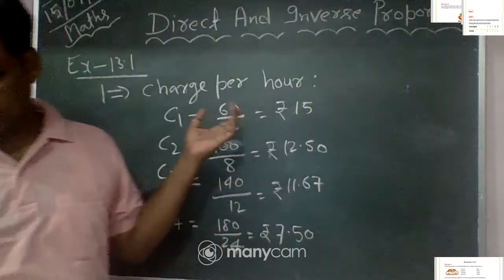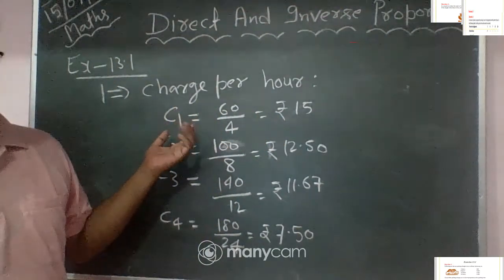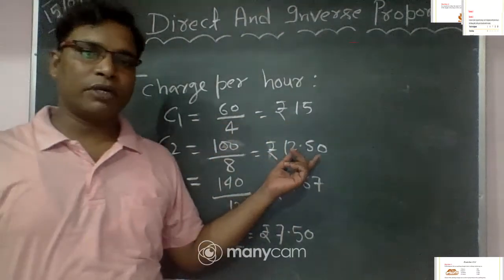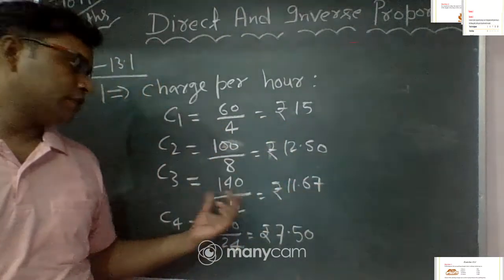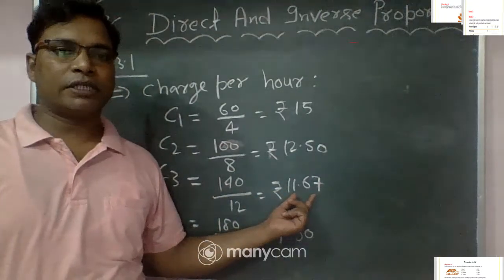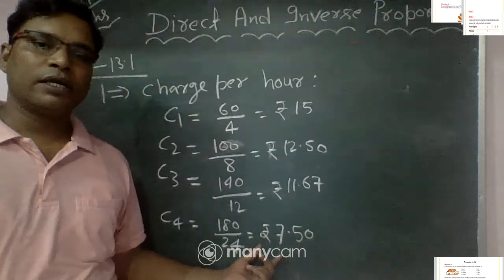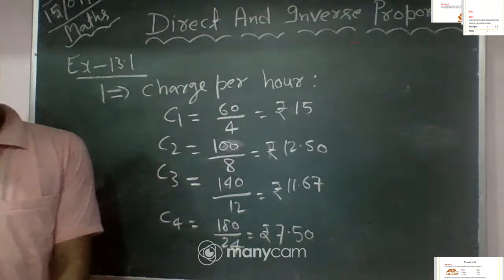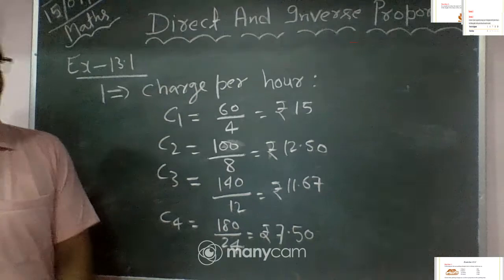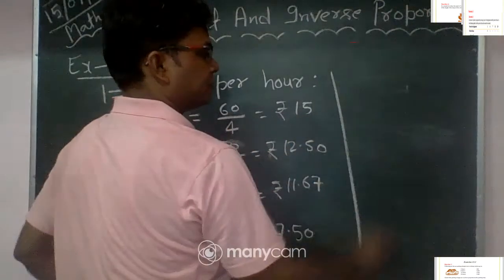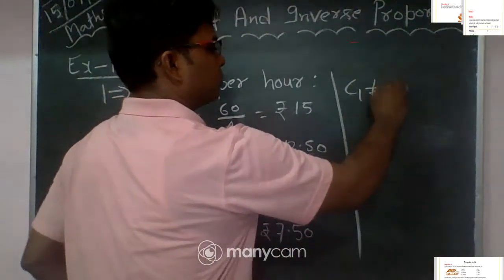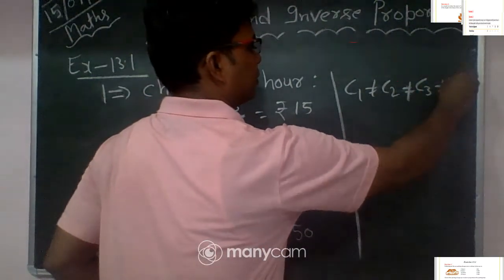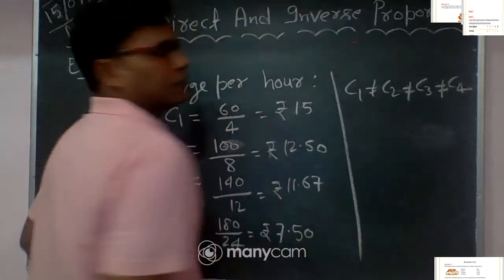You can see here the charge per hour is not the same. Here the charge per hour is 15 rupees, here 12.5 rupees, here 11.67 rupees, and here 7.5 rupees. So the charges per hour are not the same. You can say C1 does not equal C2, C2 does not equal C3, and C3 does not equal C4.